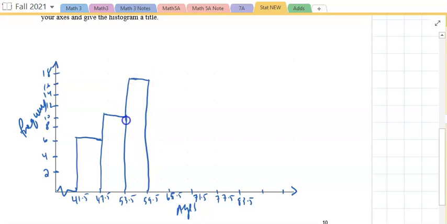Now, you could put the numbers at the top if the graph is like the one I have, unless you have a grid. And then the next one is going to go up to 8. So 8 is right there. And the next one is going to go up to 3, halfway through. Again, these graphs could be done with a ruler and they'll look a lot nicer. Then we have a 0. Then we have a 1.